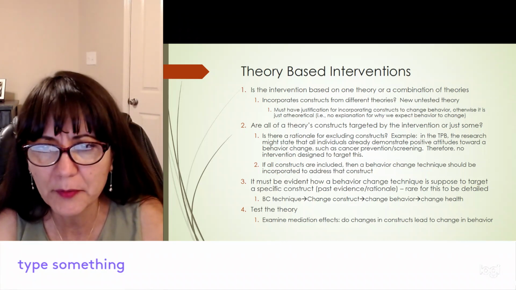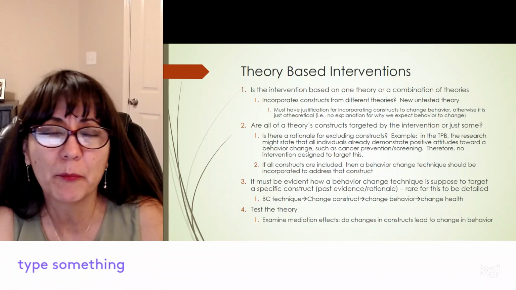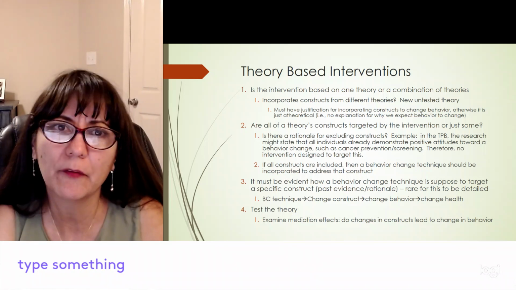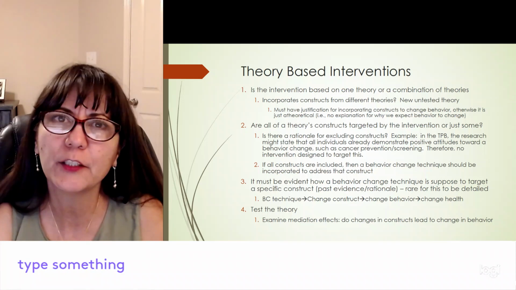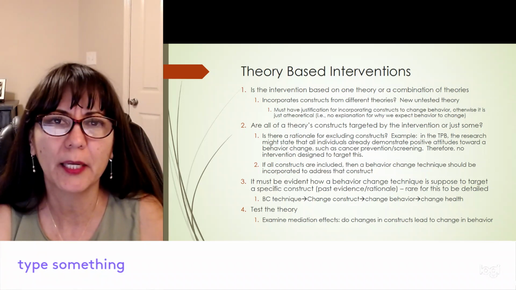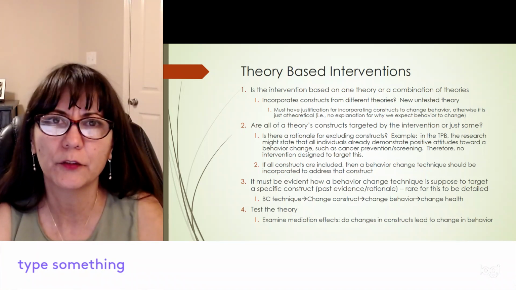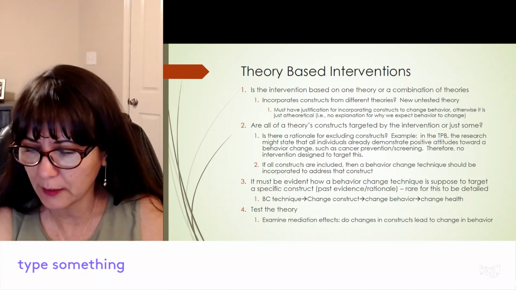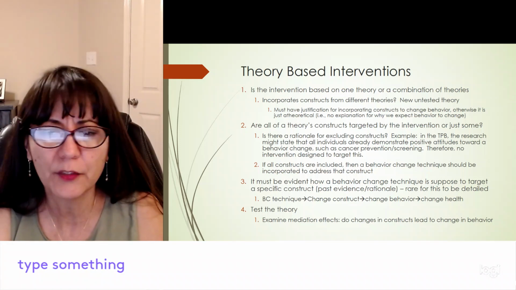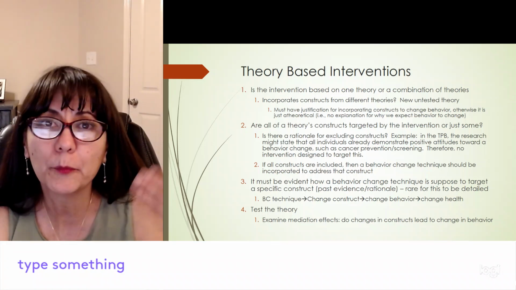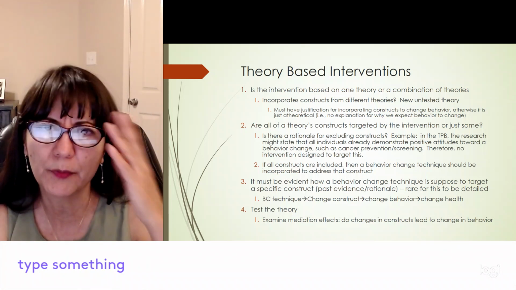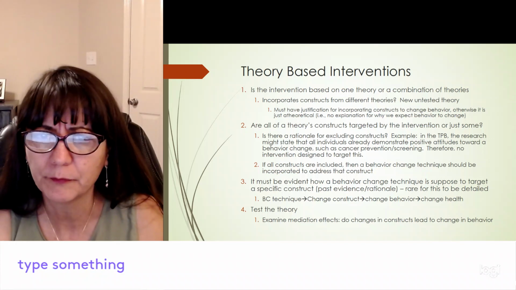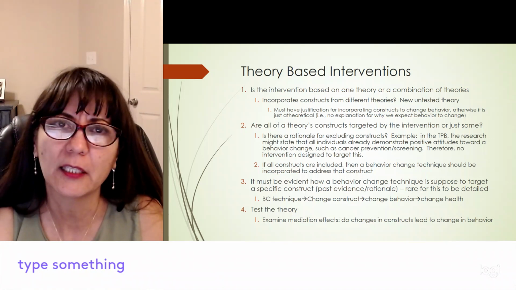Okay, so perhaps it may be possible that everyone in your study has positive attitudes toward changing the behavior. That's a good attitude to have toward the behavior change. And there's not a lot of variability in that measure in terms of attitudes toward, say, cancer screening.